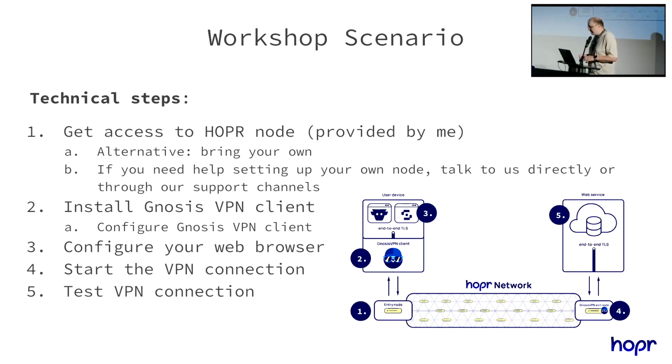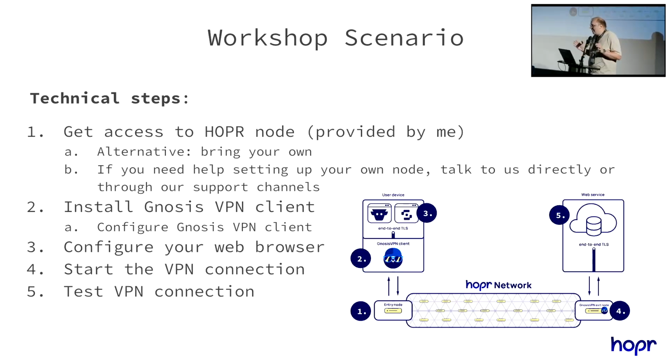Step number two is installing the VPN client and configuring it properly on your machine. So that's your laptop. Step number three is configuring a web browser. One limitation of the PoC right now, since it's a PoC, is you have to configure your web browser to use the VPN connection. So it's not being exposed for all of your traffic yet, right?